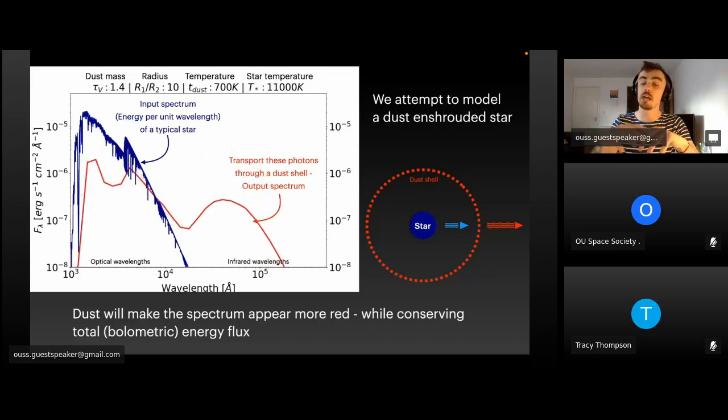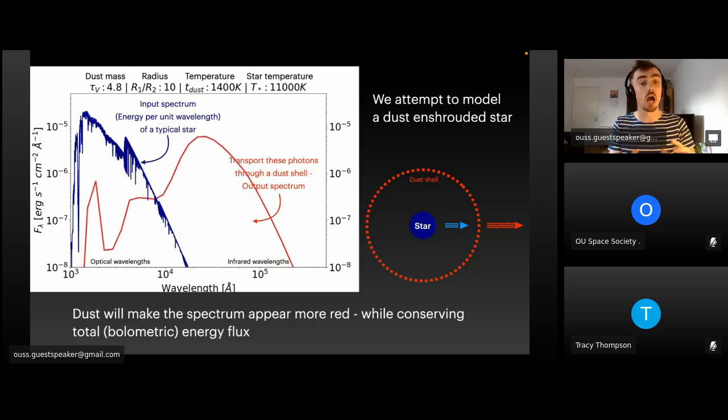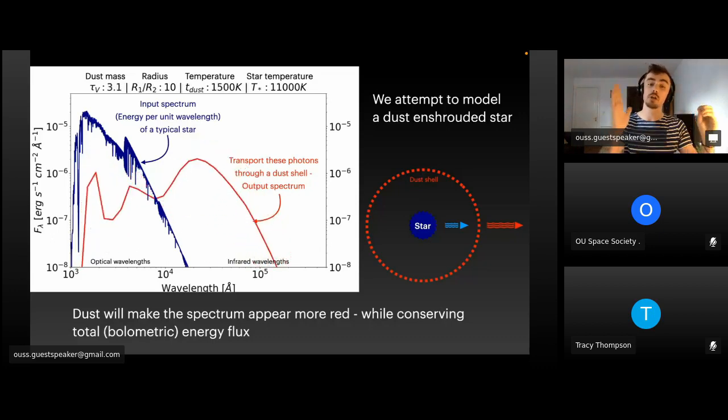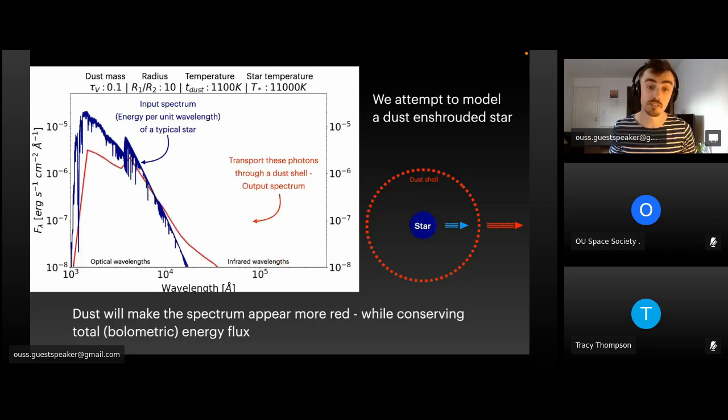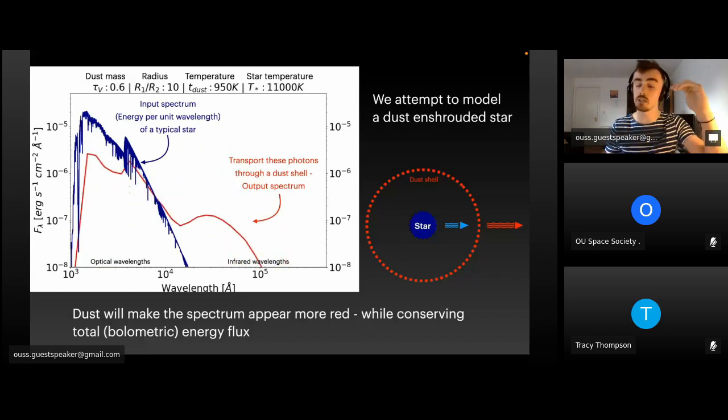By putting a dust shell around the star, we can reprocess how these photons are received by our telescopes. If a high energy blue photon goes through some dust, it'll come out with a redder appearance. And the important thing here is energy is conserved. So you can see that although we lose energy in the blue, it's re-emitted in the red.